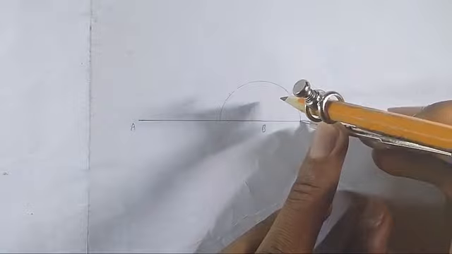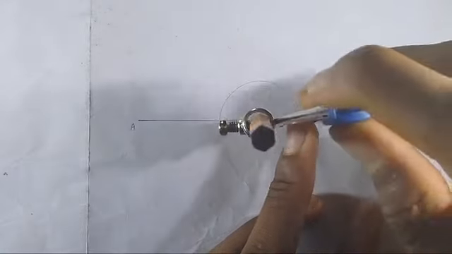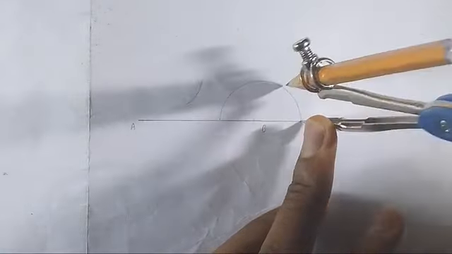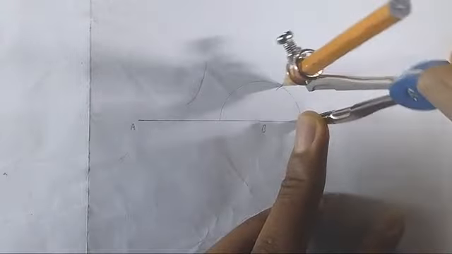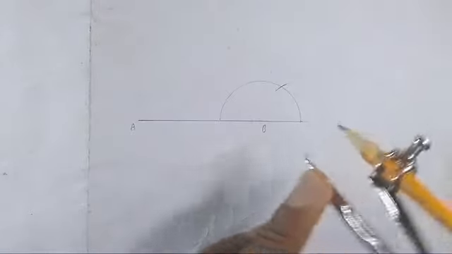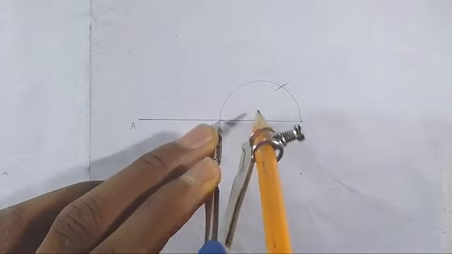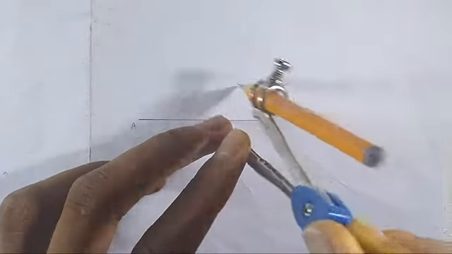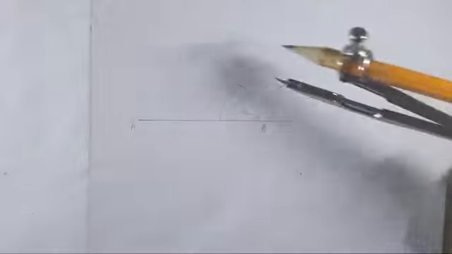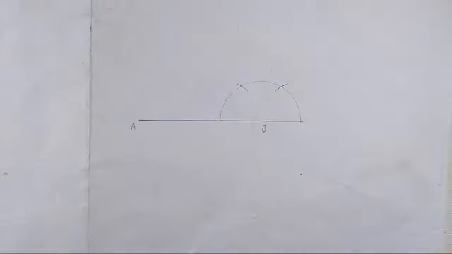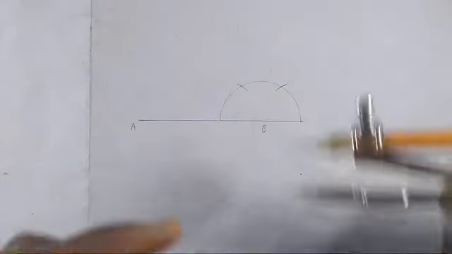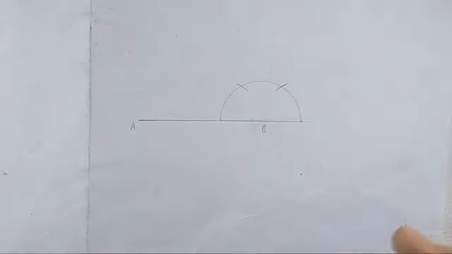So then we pin at this point here, using the same radius. Then we bisect this part here. We also come to this other point on the semicircle. Then we bisect. So we have 60 degrees. After bisecting, we have to first get our 90 degrees with an imaginary line.